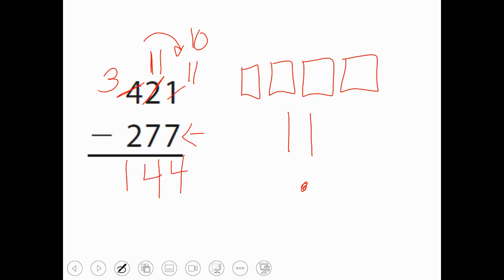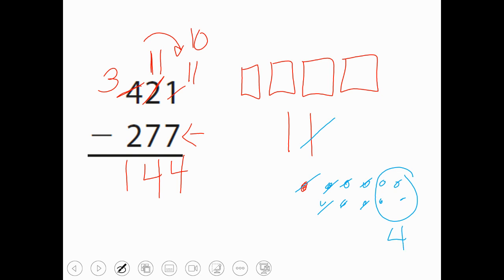So I'm going to cross off one of my 10s and make it into 1s. So 1, 2, 3, 4, 5, 6, 7, 8, 9, 10. Okay, now I can cross off 7. So I'm going to go 1, 2, 3, 4, 5, 6, 7. And I have how many left? 4. Okay. I'm going to go to the next place value.